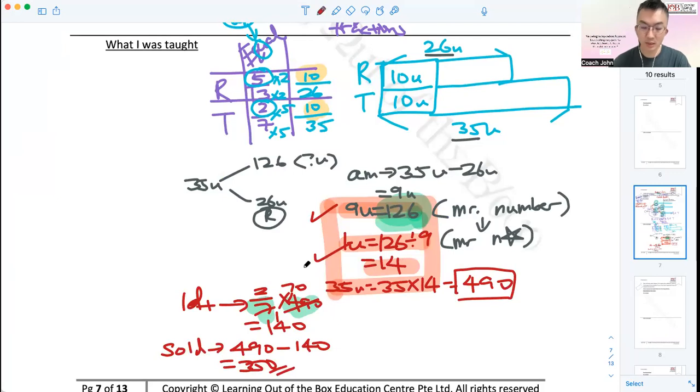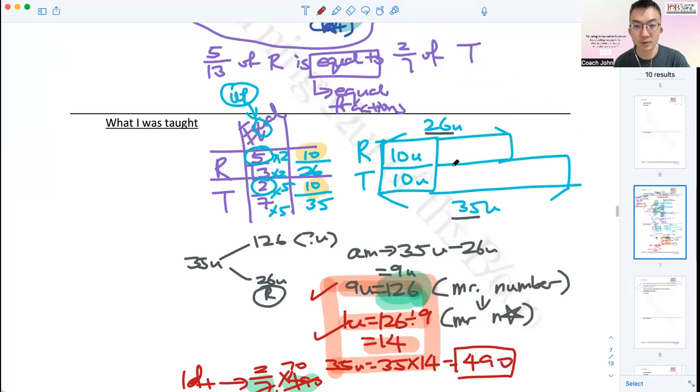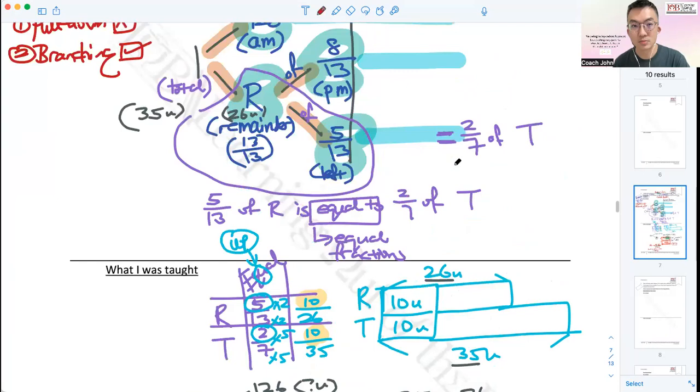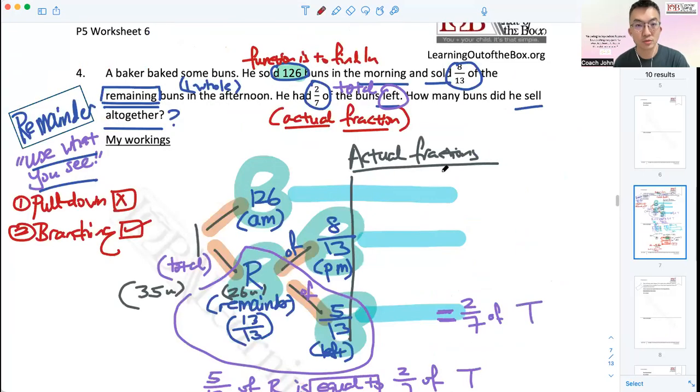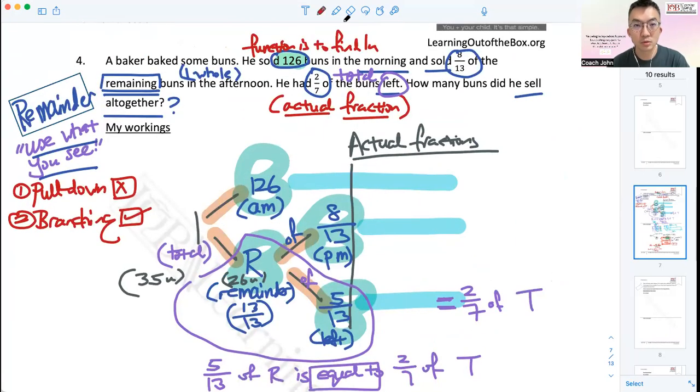Okay, so in short, let me quickly go through what it means by use what you see. Let me use yellow. Okay, so you can see that the first sold how much, sold how much, sold how much, and then sold how much of the remainder, then you sold how much, okay?